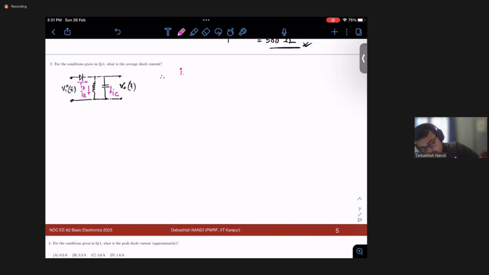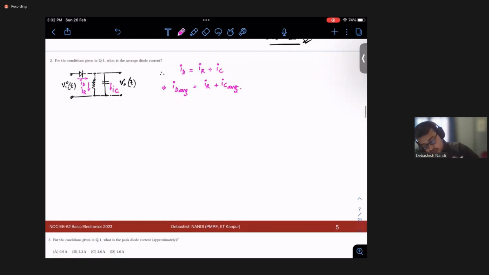That means your ID is nothing but IR plus IC. IR is not going to change because the voltage will remain at a certain value and your R is constant, right? So the diode average current is nothing but IR plus IC average. Now we need to find out how to go about this IC average, right?